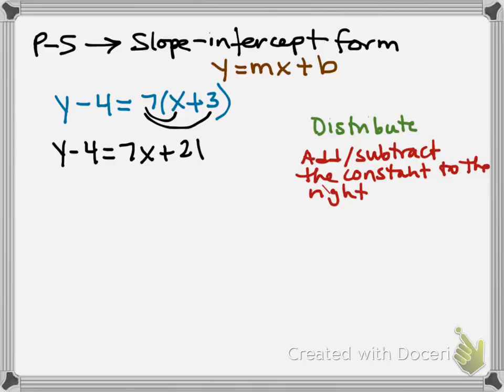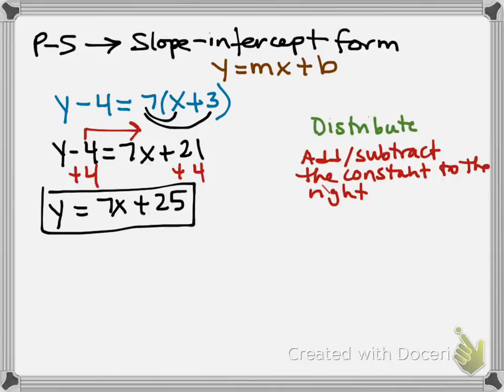So we want to get that constant to go over to the right because we want it to be completely y by itself. So the opposite of subtracting 4 is adding 4. So I line it up with its partner. And I get y equals 7x plus 25. Done. That's it. Okay? 2 simple steps to go from point slope to slope intercept.